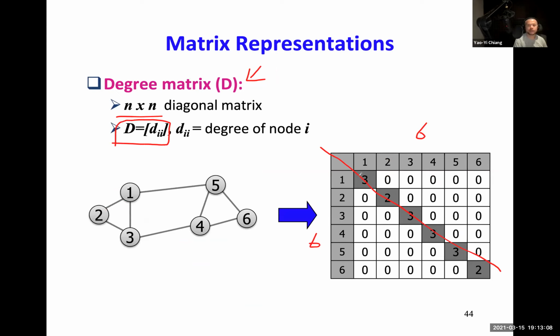So if you look here, node 1 has a degree of 3, right? Let's verify: 1, 2, 3. Node 5 has a degree of 3 as well: 1, 2, 3. Node 6 has a degree of 2, so it's 1 and 2. All right, cool. Degree matrix.